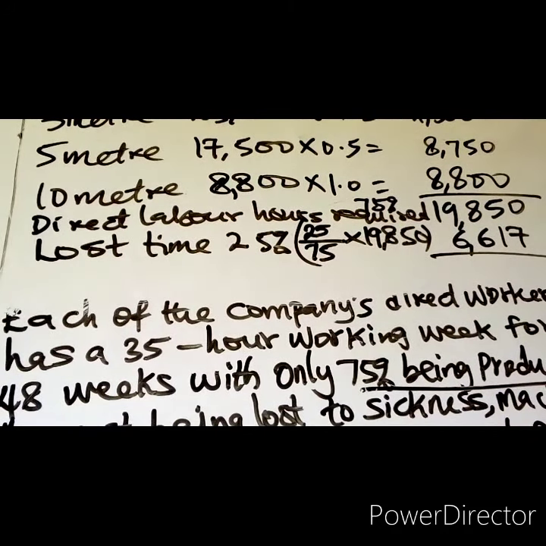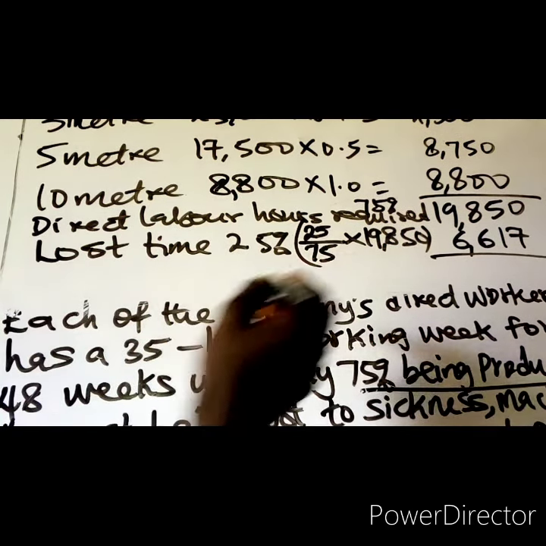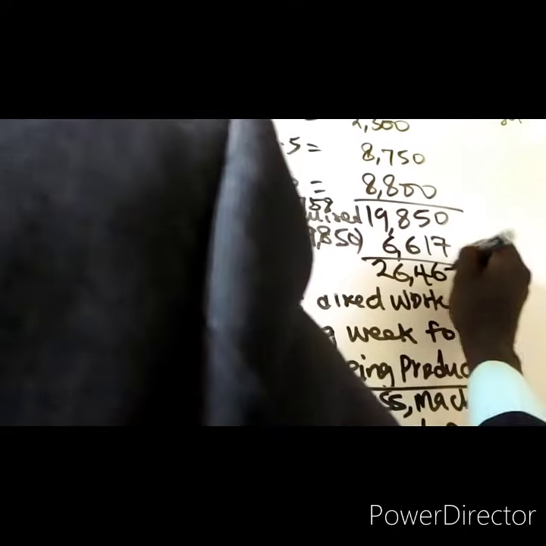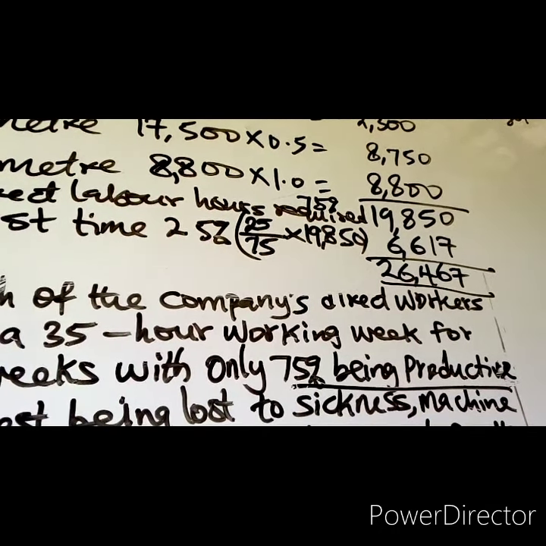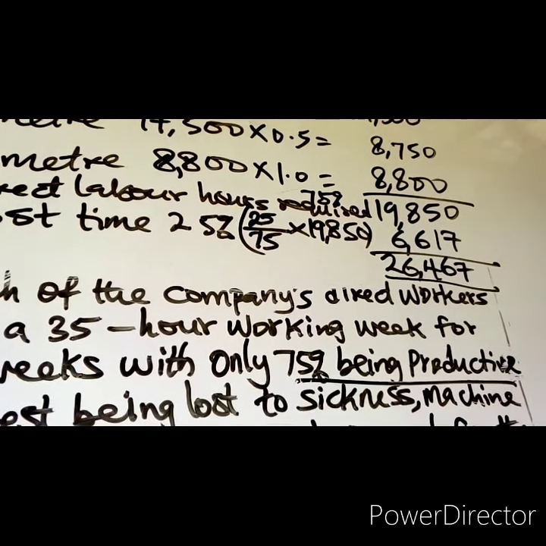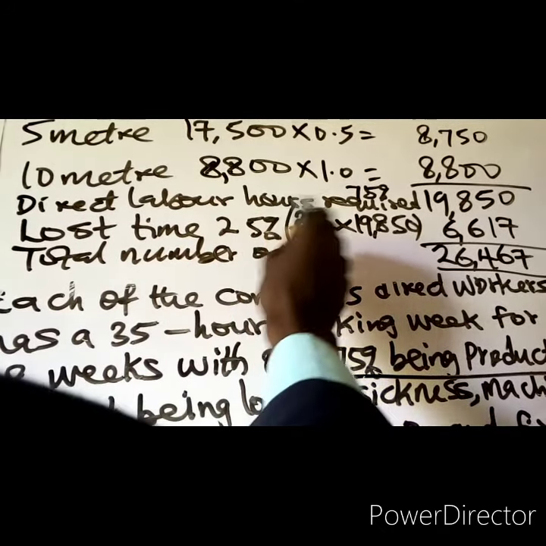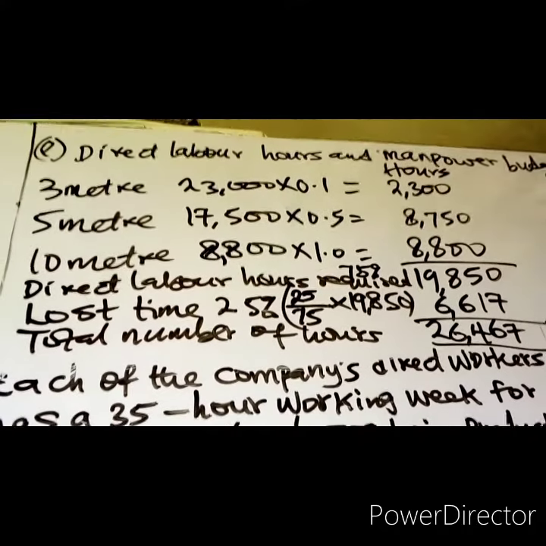So when you sum it up, plus 19,850, that will give us 26,467. That is the total hours paid for. The total number of hours is 26,467.